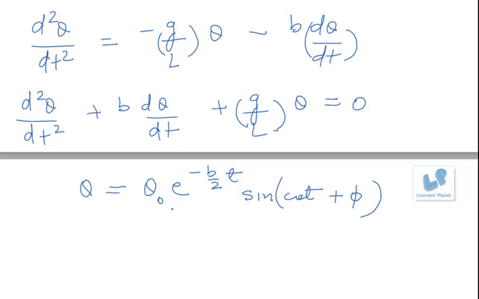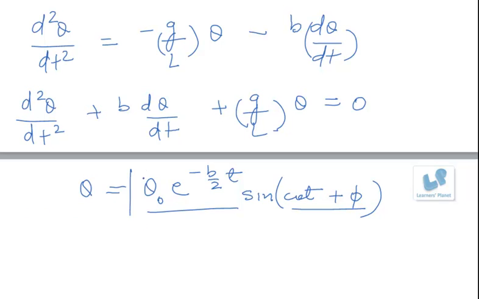Now just try to understand this expression. This expression is equivalent to the amplitude, but due to the damping this amplitude is reducing exponentially. Wherein sine of omega t plus phi are the generic terms, that is omega is the angular speed of the simple harmonic motion that is being undertaken by the bob or the simple pendulum, and phi is the initial phase difference.